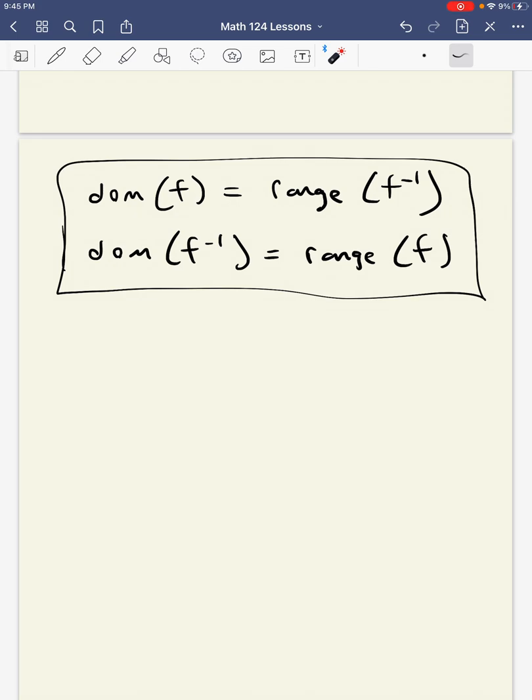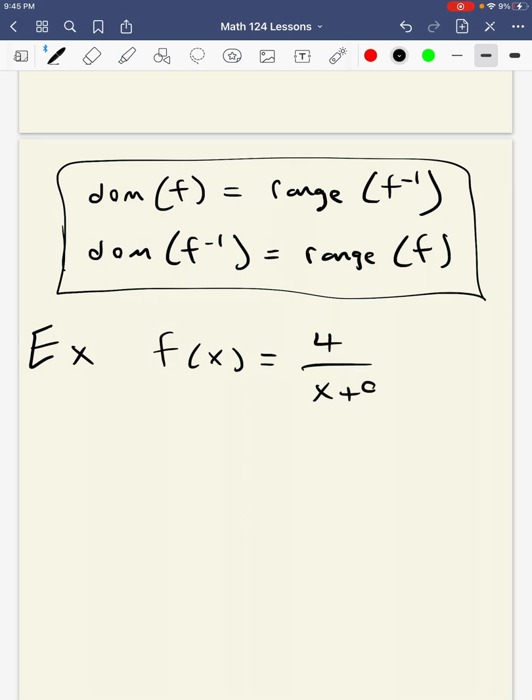Okay, let me think up some examples now. Let's look at this example here. Say we have a function 4 over (x plus 9).